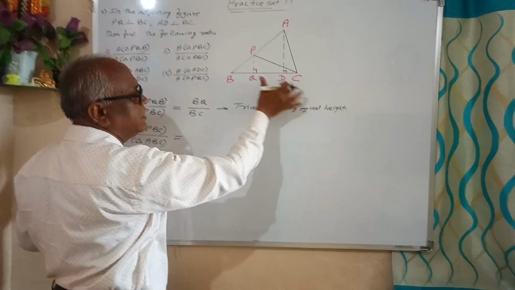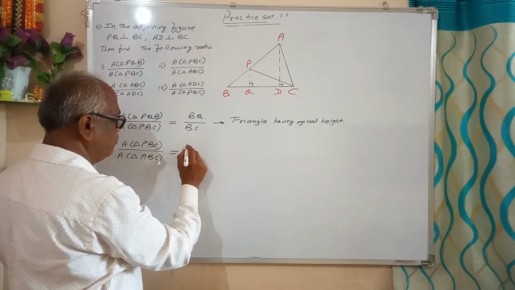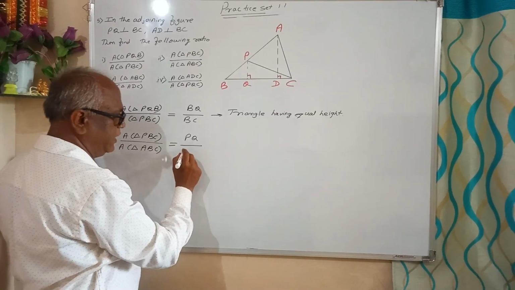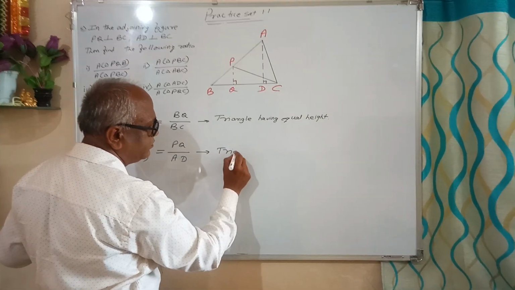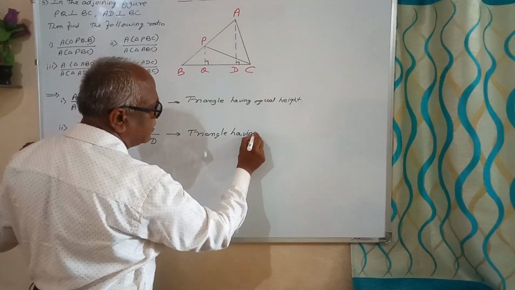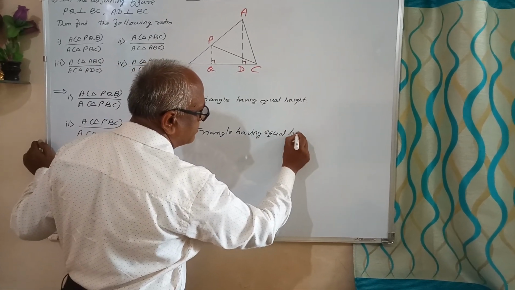Base BC is the same for both triangles. So PQ upon AD. Reason: triangles having equal base.